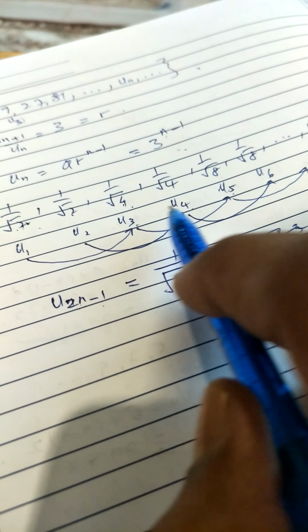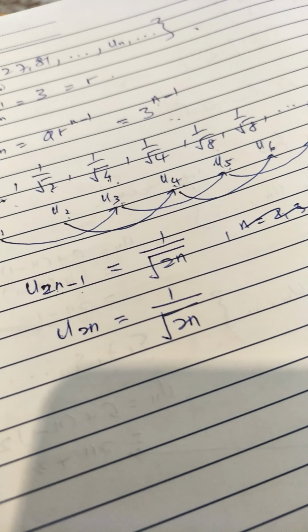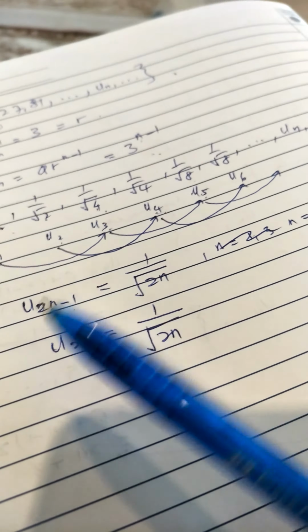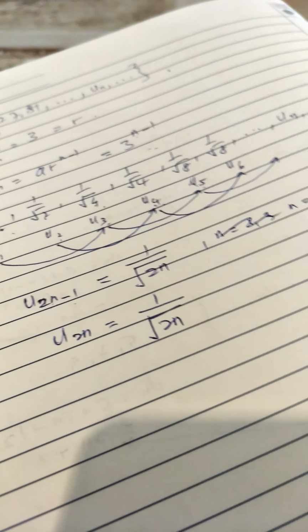So for the even terms, we have 2, 4, 6. So we have u2n, which is equal to just the same, right? 1 over square root of 2 to the power n. So that's your 2n minus 1 terms, and 2n terms.